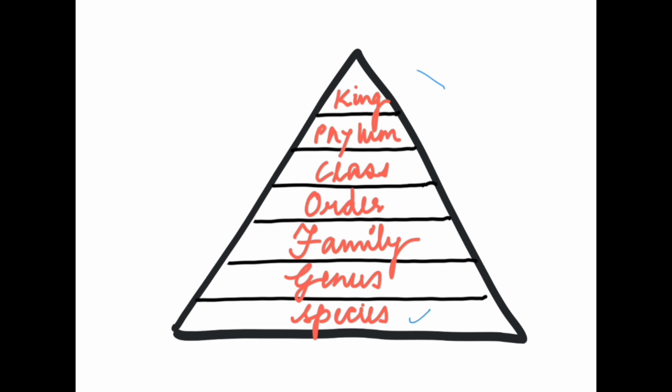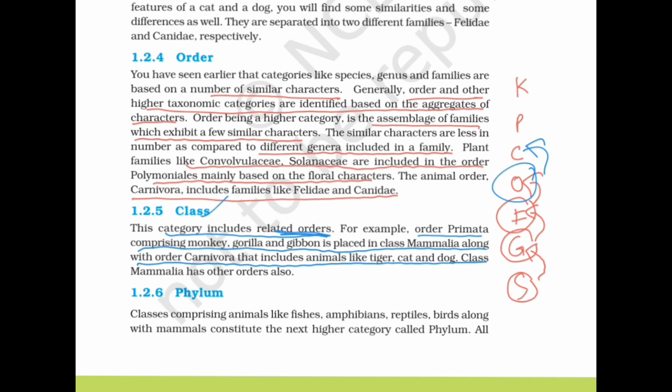Then there's phylum. You combine a lot of classes and then you have phylum. There are many classes, and you group certain classes together and then it becomes one phylum. You group certain other classes together and it becomes another phylum. Understand? We have phylum here, which is almost on the top of the chain. Classes comprising animals like fishes, amphibians, reptiles, birds along with mammals constitute the next higher category called phylum. That's it.